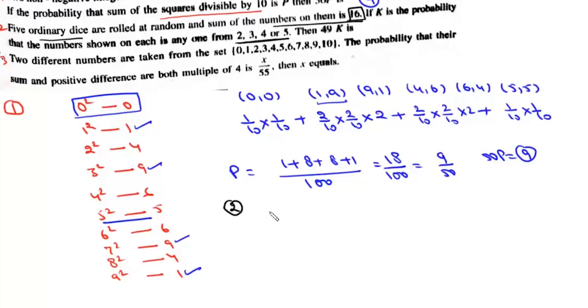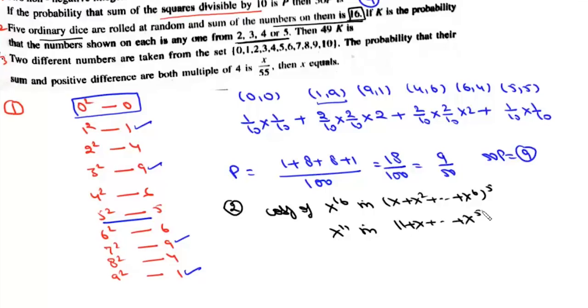Now we have to use the binomial, so we need to find the coefficient of x to the power 16 in the expansion of (x plus x square plus up to x to the power 6) to the power 5. We can take x to the power 5 common, so it will be the coefficient of x to the power 11 in (1 plus x up to x to the power 5) to the power 5, or the coefficient of x to the power 11 in (1 minus x to the power 6) to the power 5 into (1 minus x) to the power minus 5.